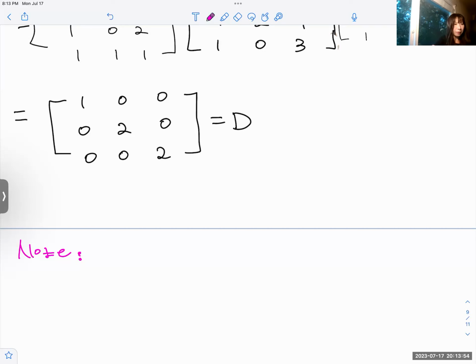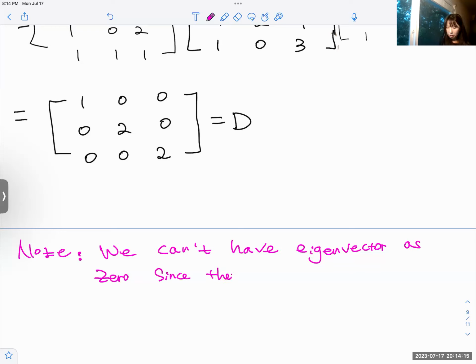We cannot have an eigenvector since there is no variable.